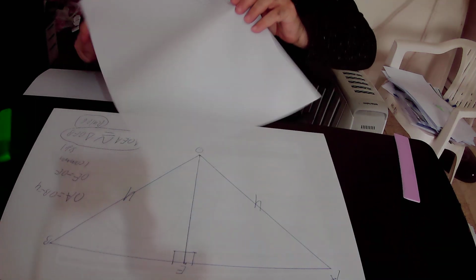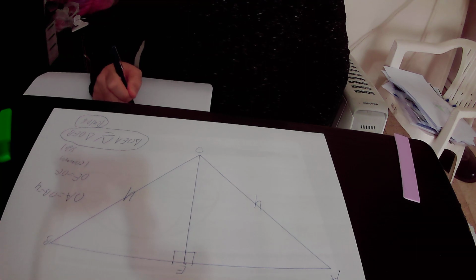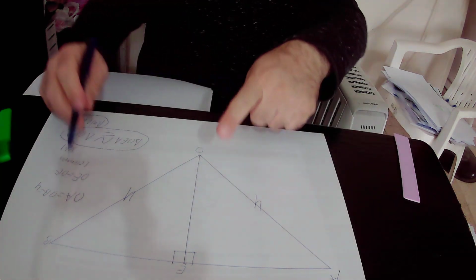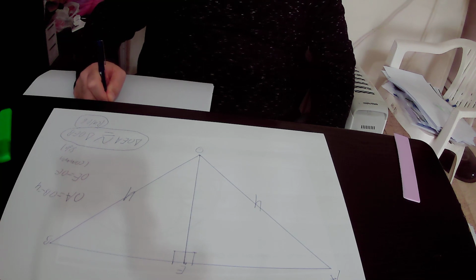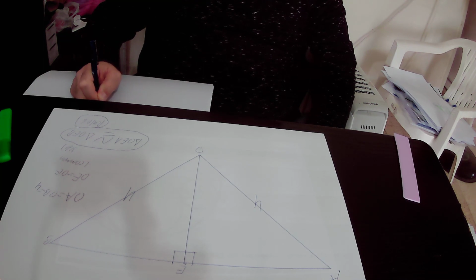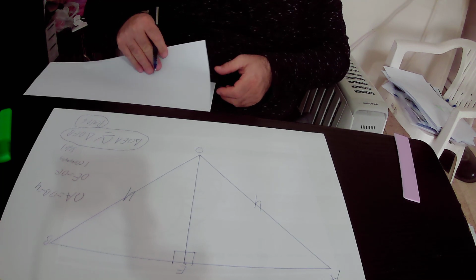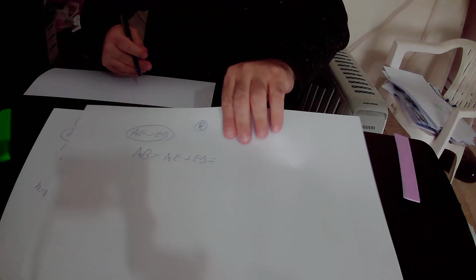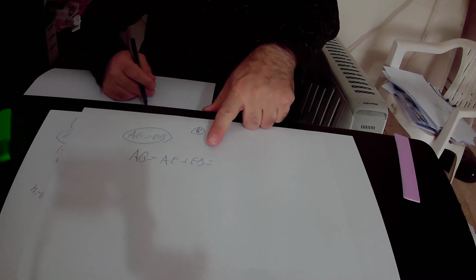And what is the value of AB? From the drawing you can see that AB equals AE plus EB.